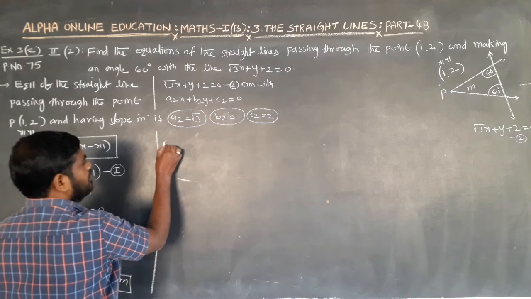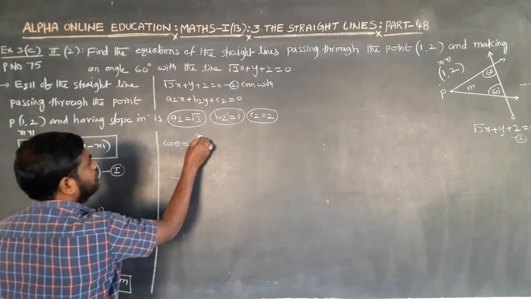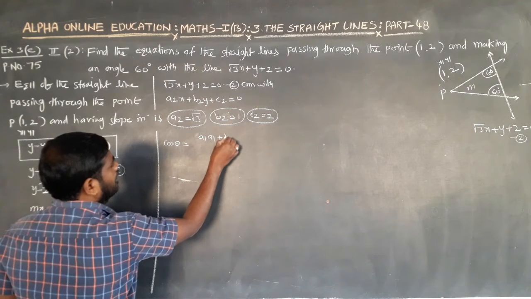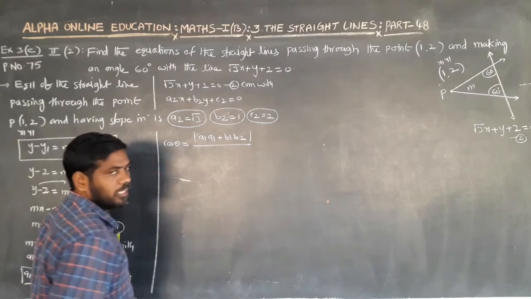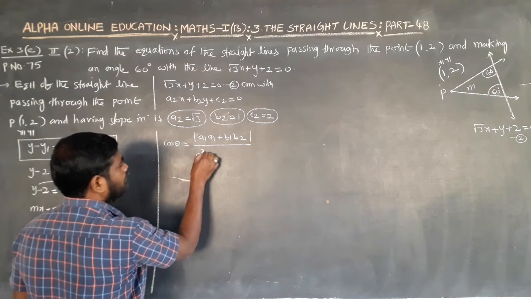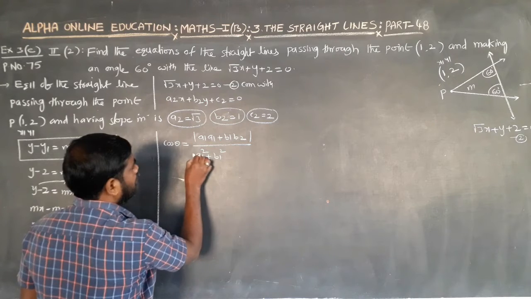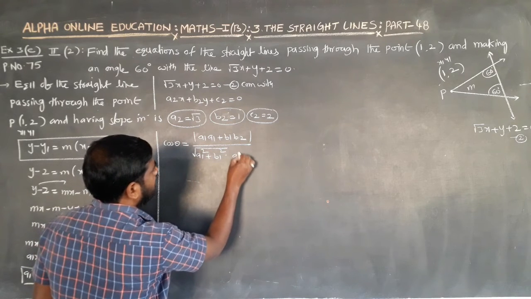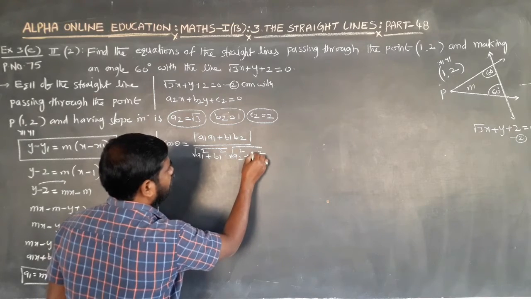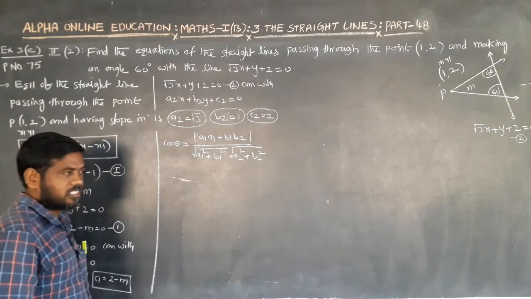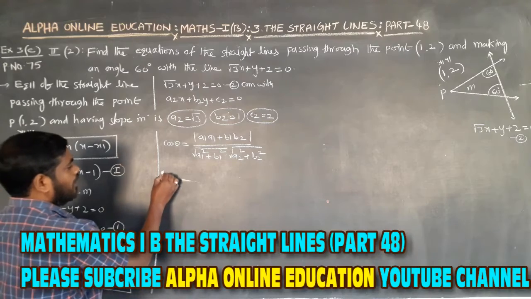If theta is the angle between the two lines, then cos theta is equal to the modulus of (a1a2 + b1b2) divided by √(a1² + b1²) into √(a2² + b2²). This is the angle between the two lines.